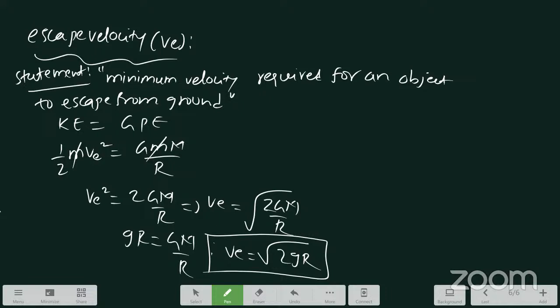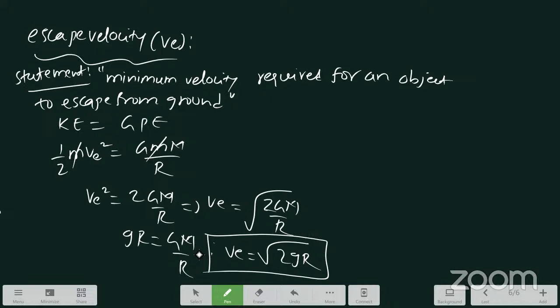Square going to the right side becomes root. Gr equals small g, capital R, GM by r equals gR. This value substituted here, you get VE equals under root of 2gR. This is the derivation part for escape velocity.